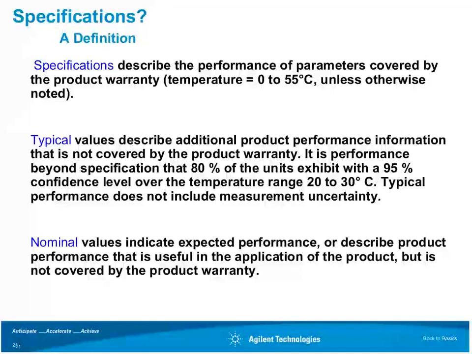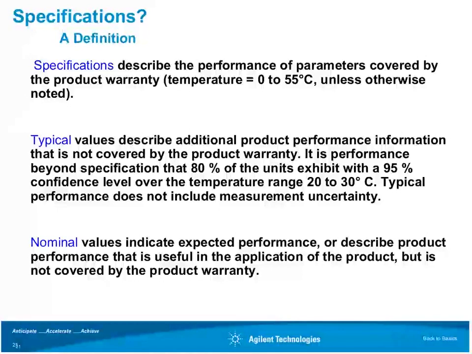On a data sheet, you might also see typical values. And a typical value is something that gets measured on every unit on the production line. And statistically, it's a value that 80% of the units will meet to a 95% confidence level. And typically, this is over a more limited temperature range, somewhere in the room temperature range. And we don't add measurement uncertainty to that value.